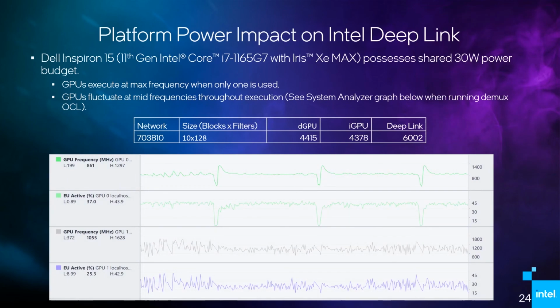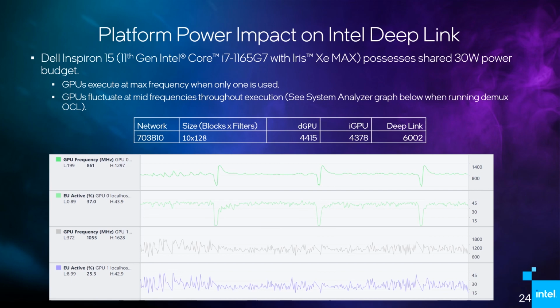One of the things we observed as we evaluated the Leela Chess program on a commercially available laptop, in this case an 11th gen Core i7-1165G7 with the Iris Xe Max graphics, was that this notebook platform had a shared 30-watt power budget.